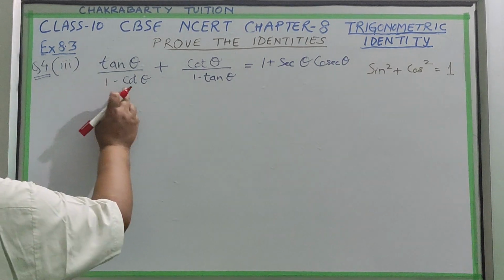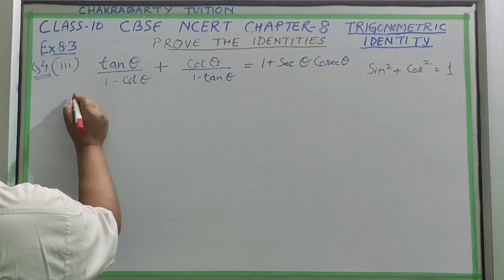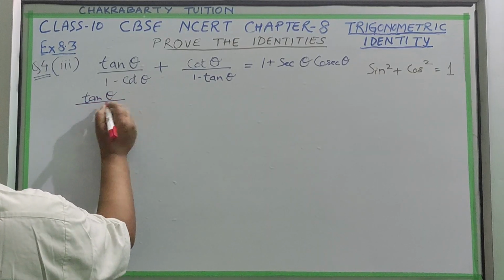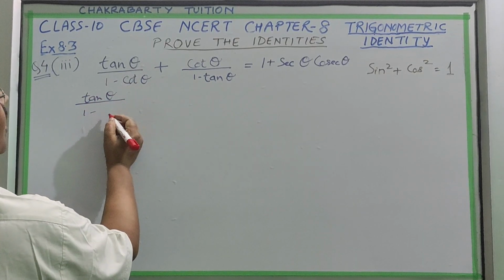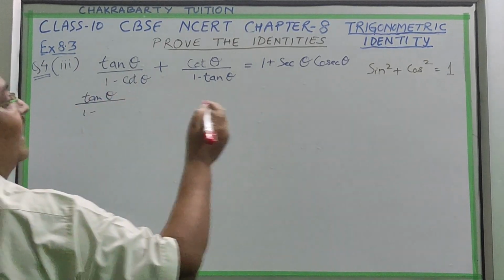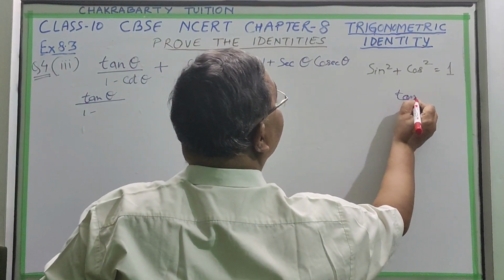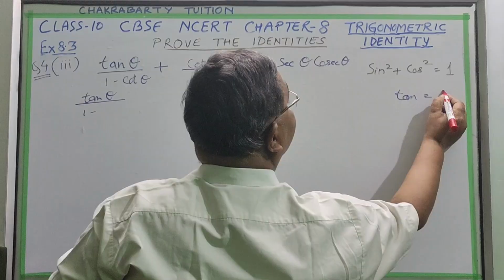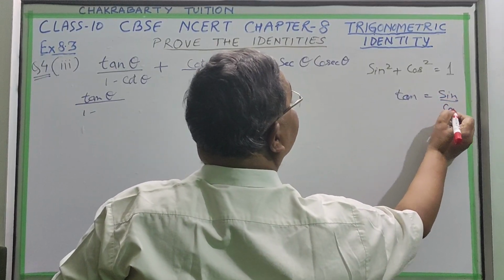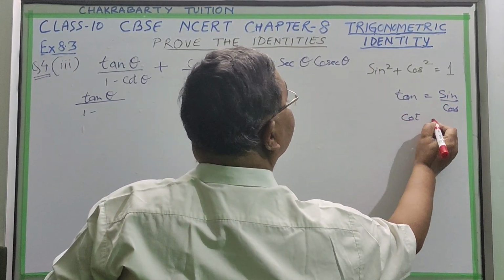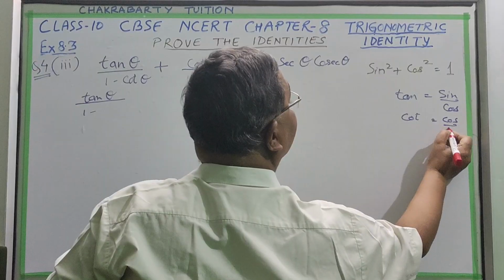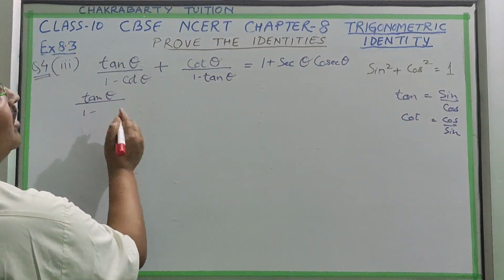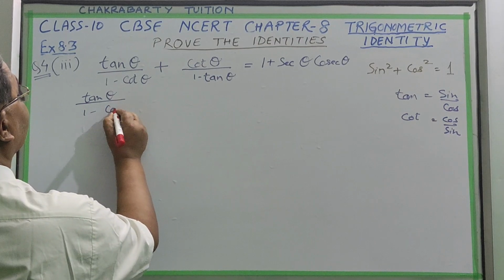So here we will start, we will make some change here. Tan theta upon 1 minus cot. Cot we can write as, we know tan is equal to sine upon cos, and cot is equal to cos upon sine. So in place of cot we can write cos upon sine.